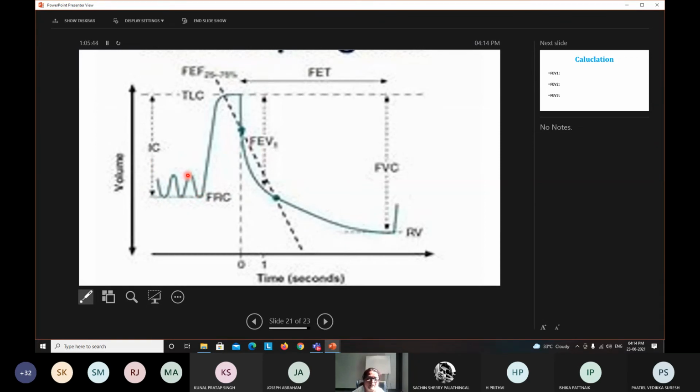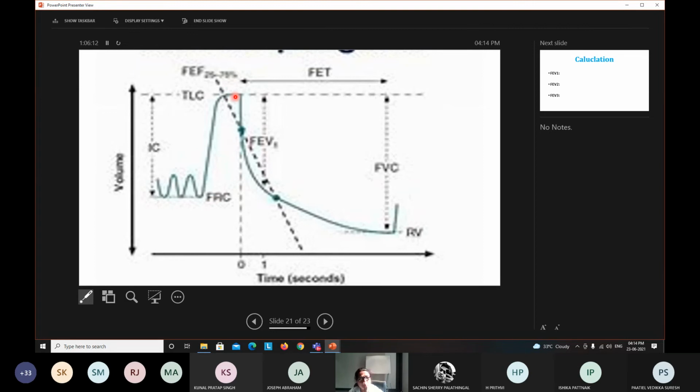Then suddenly you instruct the subject to take a deep breath, hold it for a fraction of a second, and then start exhaling quickly and completely. This instruction is very, very important. Inhale first, completely inhale. This will be the graph.